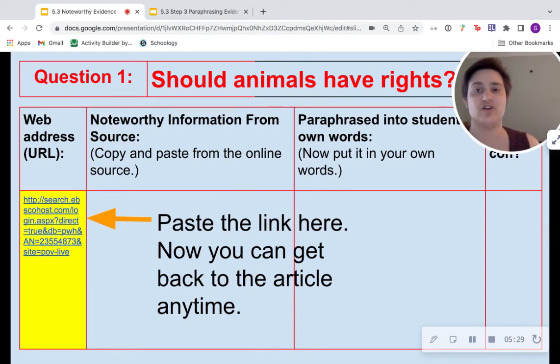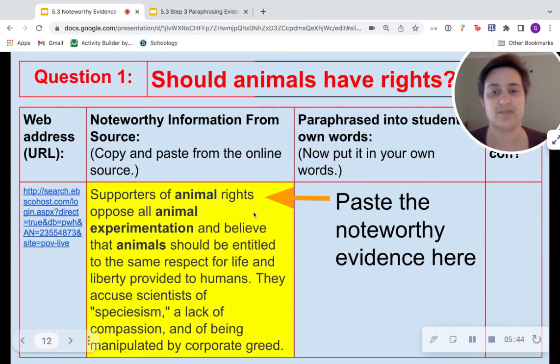So to review what your notes should look like, in our very left box, which you started filling in last time in 5.2, you're just copying the links. Make sure to do this so that you can always get back to your sources. And in the second box, we are adding the noteworthy information. You can copy and paste directly from the source.